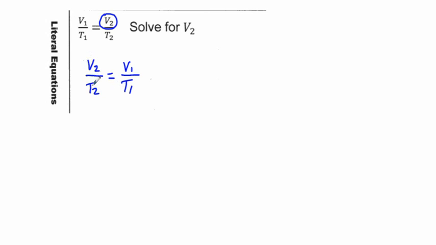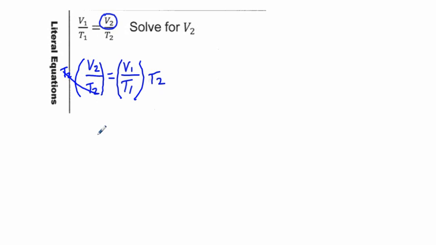So what do we have to do? What is this t sub 2 doing to this v sub 2? It's dividing. So to cancel division, if we multiply this left side by t sub 2, we can eliminate that t sub 2 in the denominator, but we have to do the same thing on the right side, the golden rule of algebra.